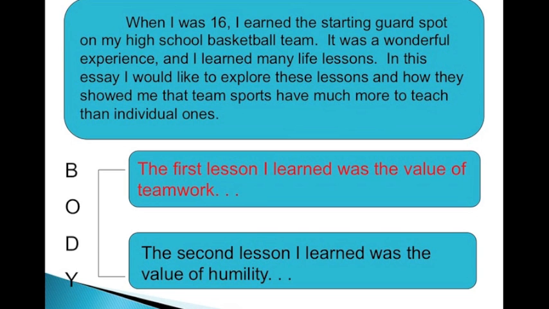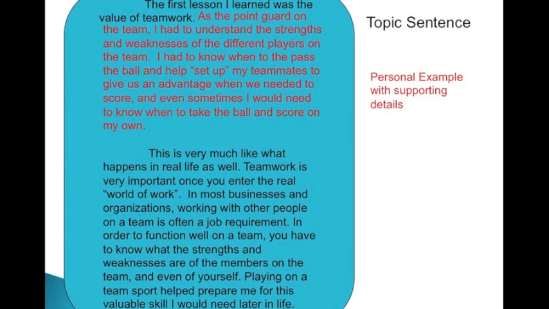So in the outline we developed a couple of weeks ago, we talked about determining how the first topic sentence connects. We looked at it a little more carefully and actually demonstrated by using a sample body paragraph that was created for this activity. So again, there's our topic sentence: the first lesson we learned was teamwork.